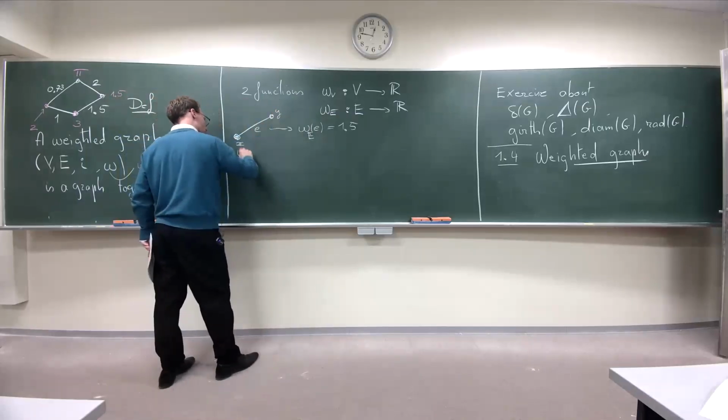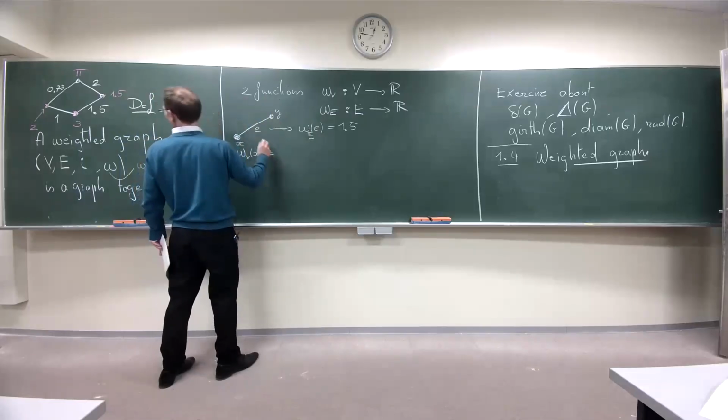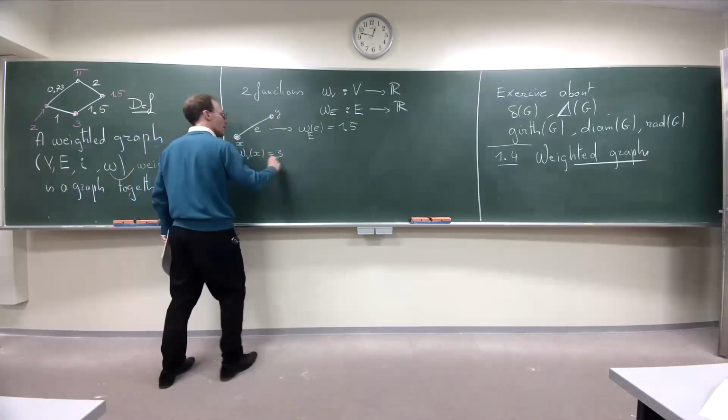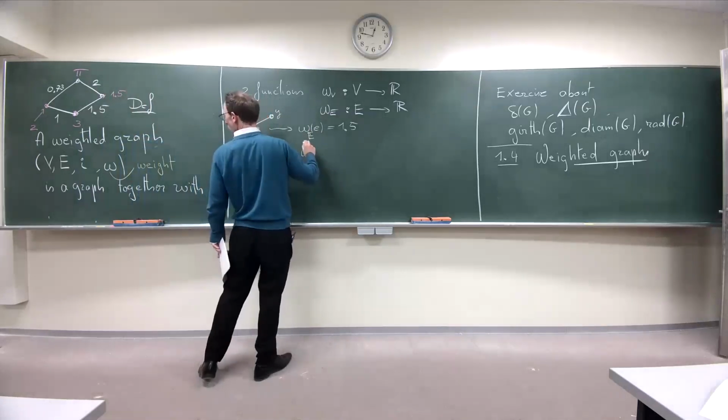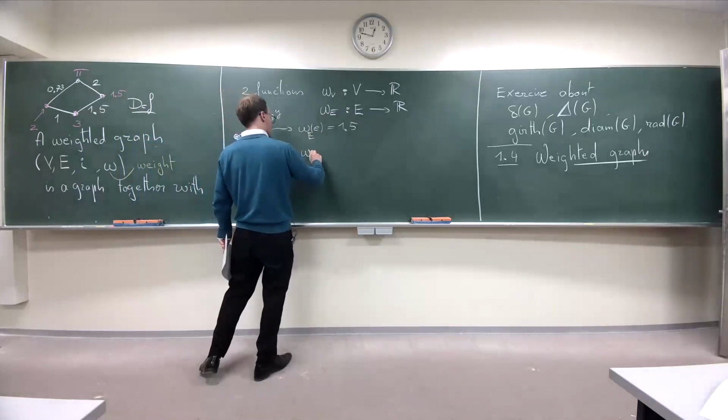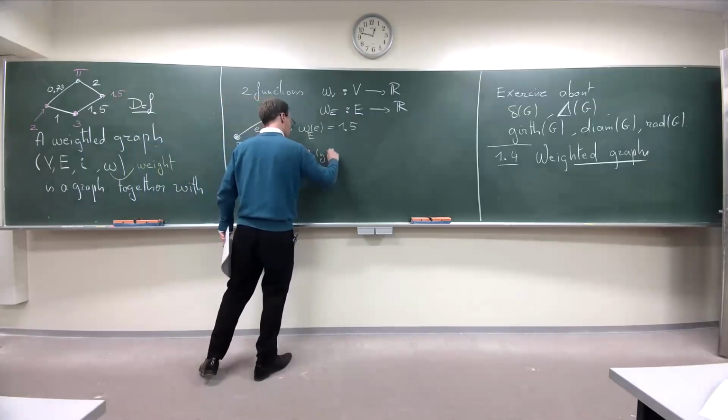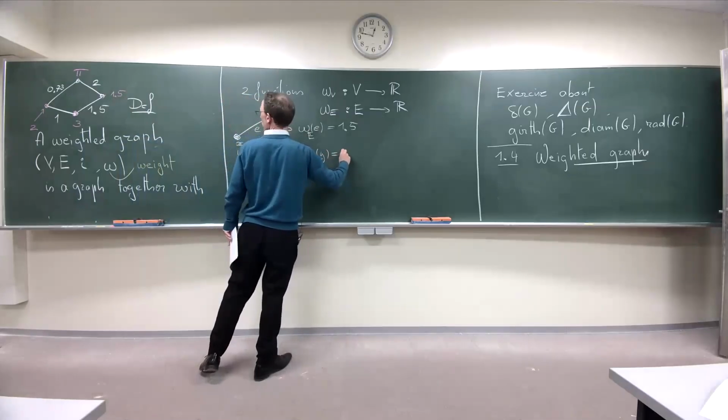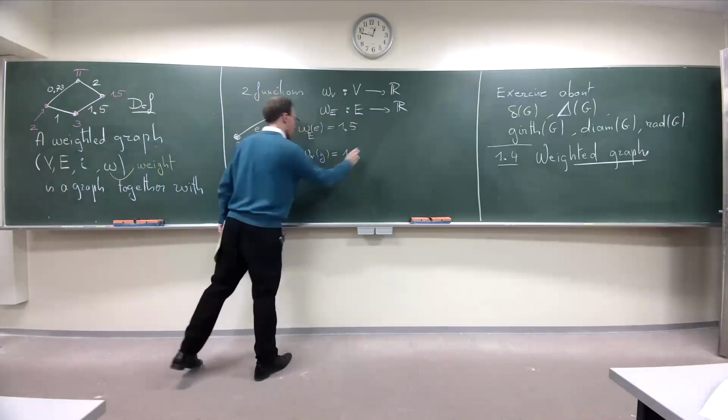So we have a W V of X, which is, let's say, 3, and W V of Y, which is 1.5. Of course, it's arbitrary.